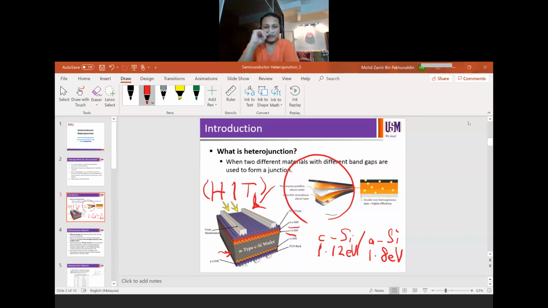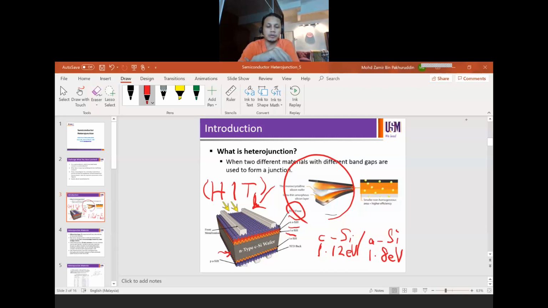Therefore, here, do you have a PN junction? Is it a PN junction here? Not yet a PN junction, right? It's intrinsic and N-type, and on the front side is a TCO, transparent conductive oxide, right?